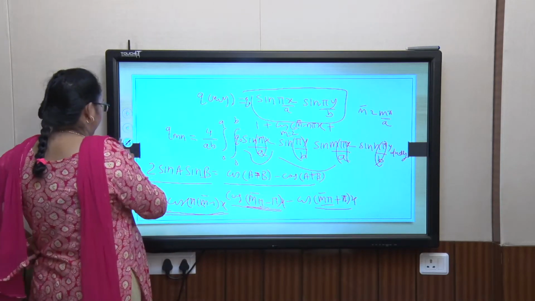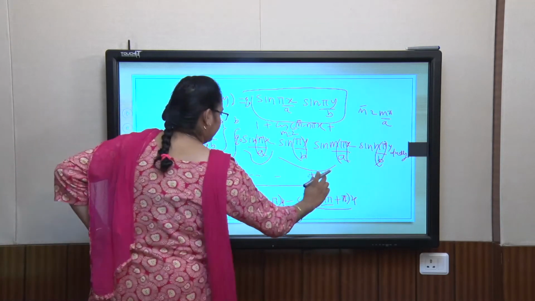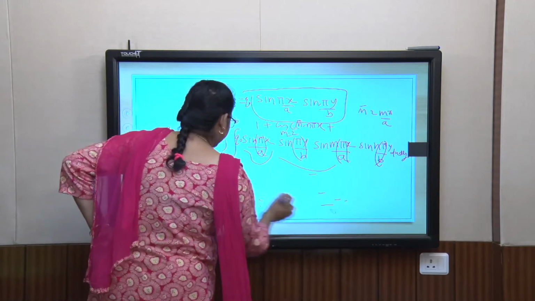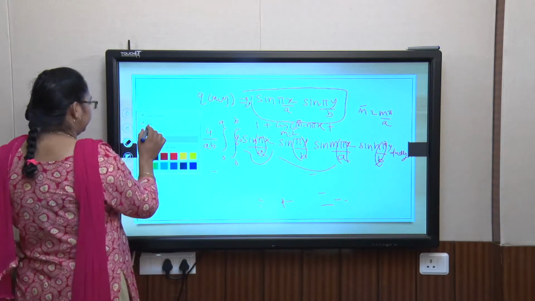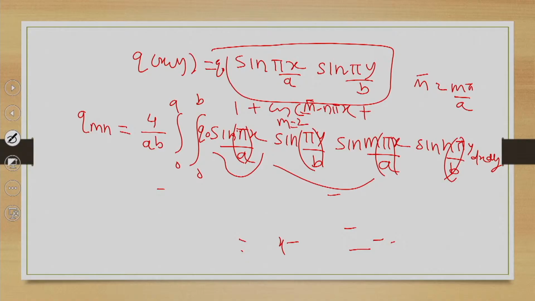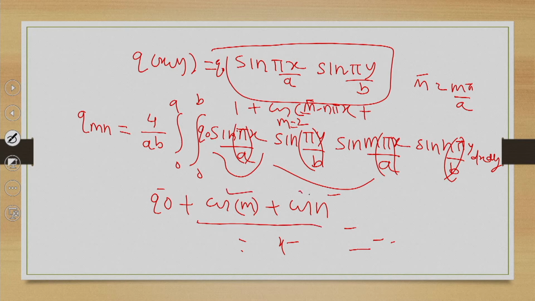So, the gist of this is that for such a case it is just q naught plus cos of something plus cos of something and so on, and they will give you zero contribution on integration.